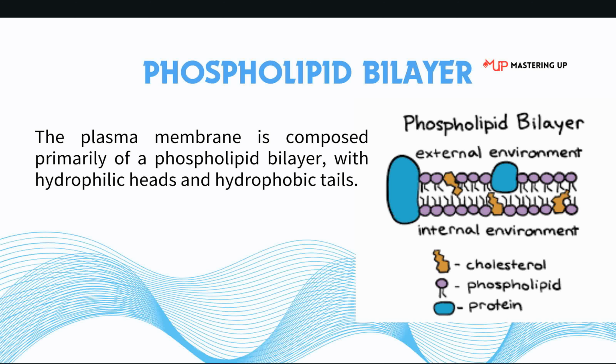At the heart of the plasma membrane is the phospholipid bilayer. Each phospholipid molecule has a hydrophilic or water attracting head and hydrophobic or water repelling tails. You can see in the illustration the phospholipid structure.